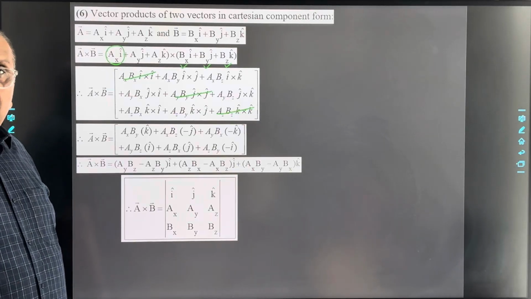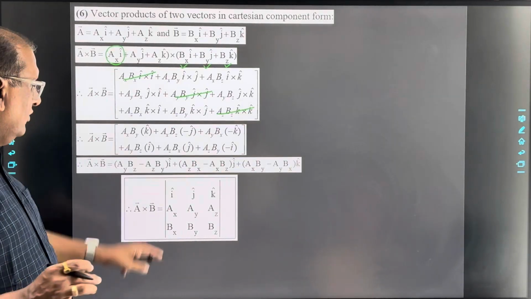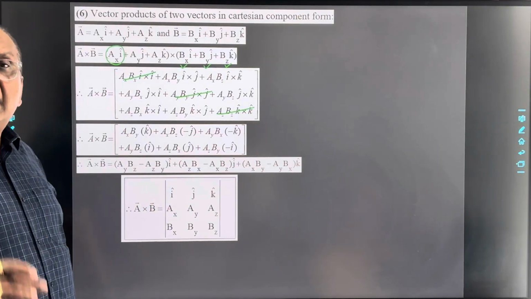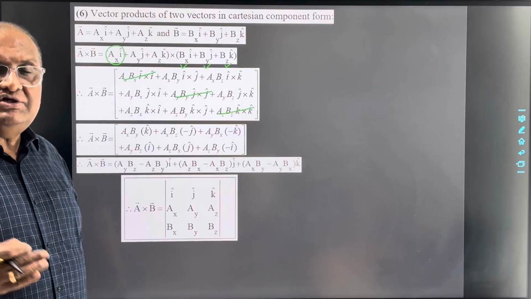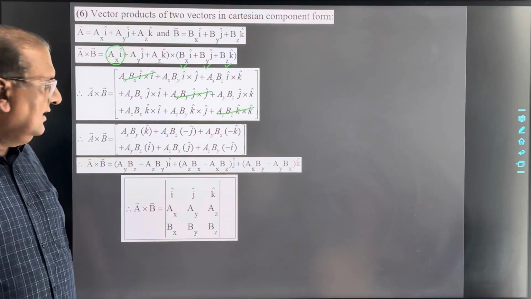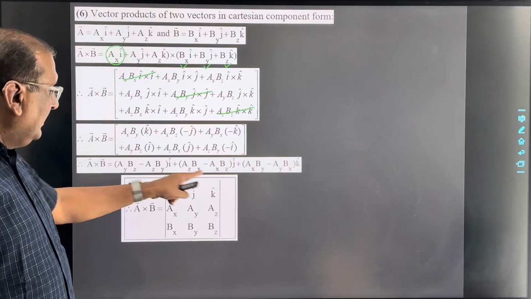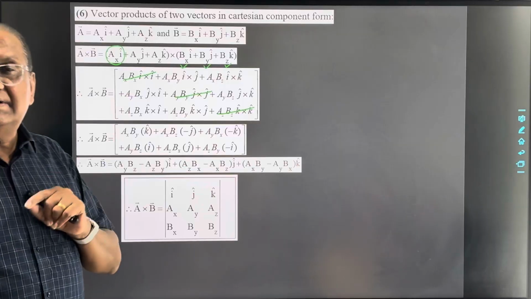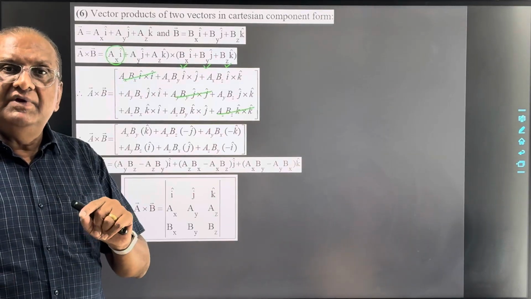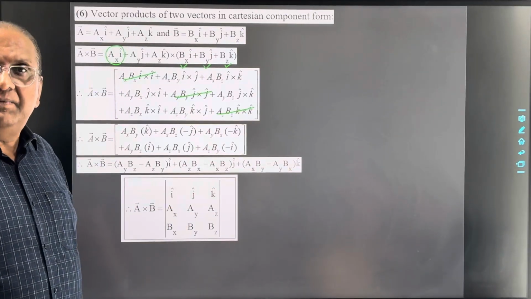Now, mathematics students know what a determinant is and how to solve it. But biology students don't know, right? So if you remember in this particular manner, then you have to understand how to solve this determinant.